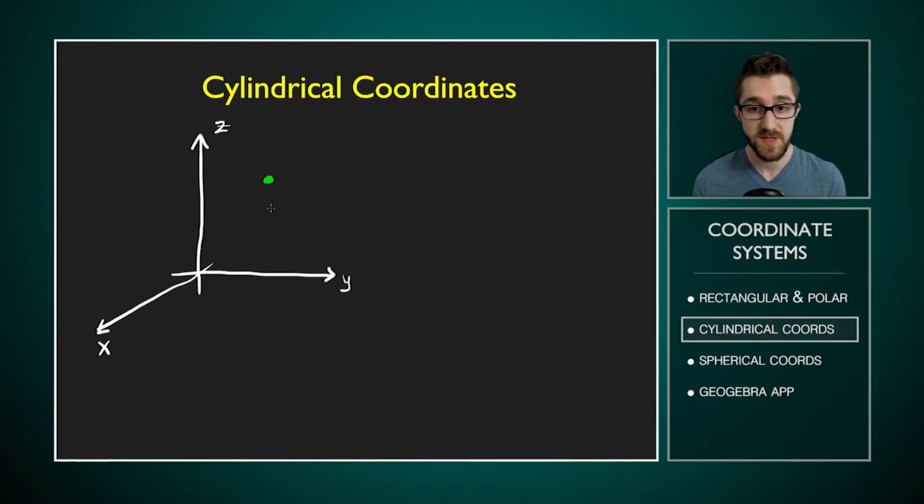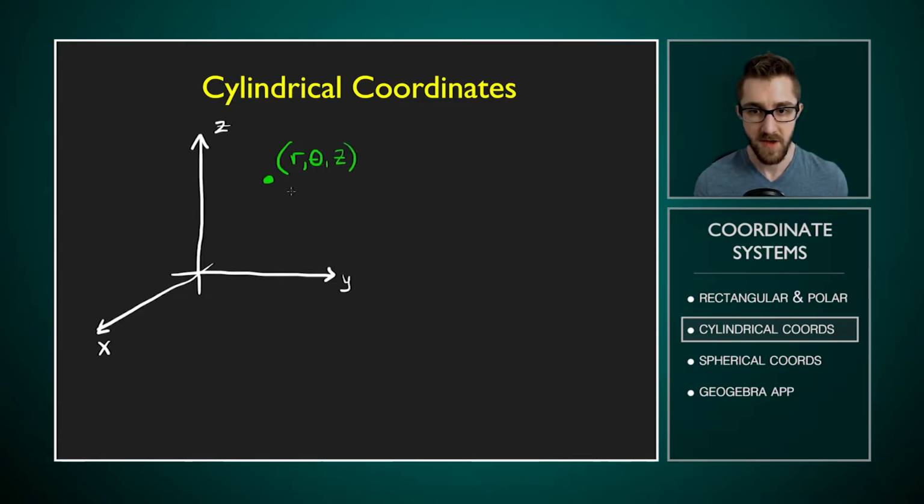But if we're going to use cylindrical coordinates, what we're going to do is essentially turn x and y into r and theta in the same way that x and y turned into r and theta for polar coordinates. And we're going to leave the z coordinate the same. So here's what I mean by that. We're going to give this point the name r, theta, z.